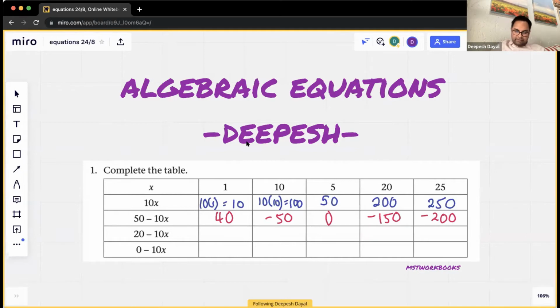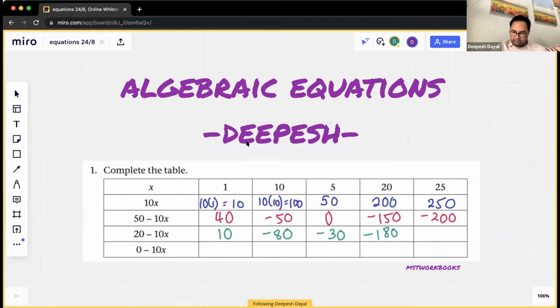Anybody wants to give me the answer for the next row? 10, yes, and then negative 80, and then negative 30, and then negative 180, right?